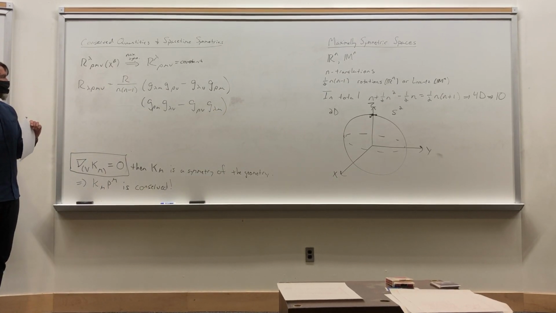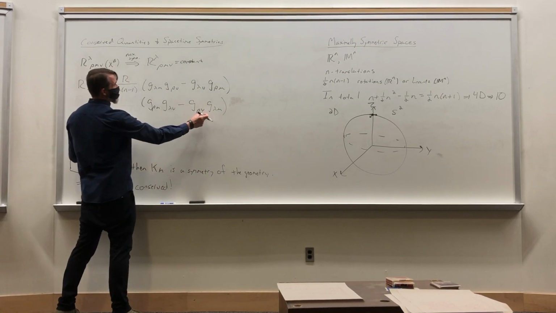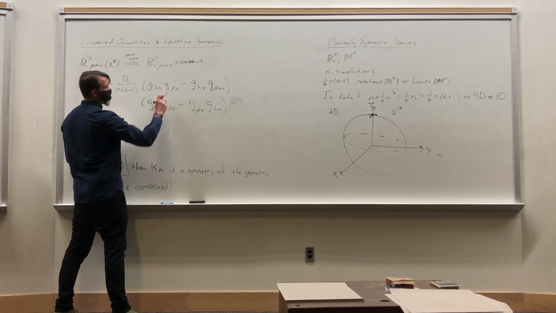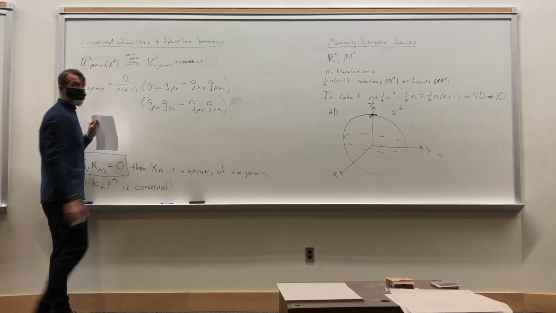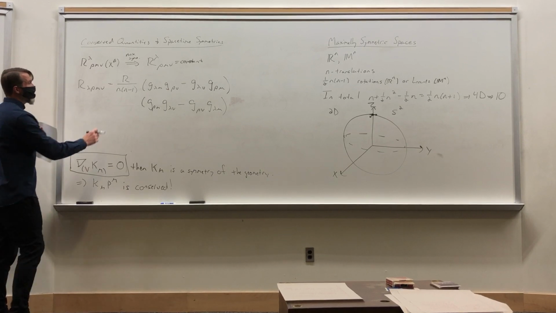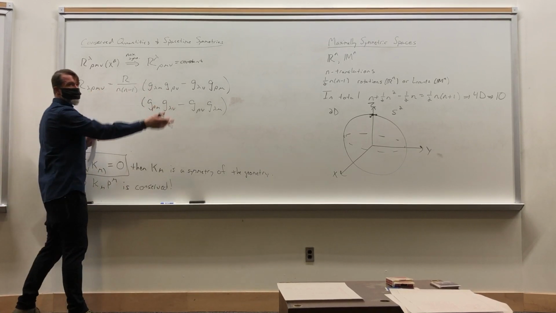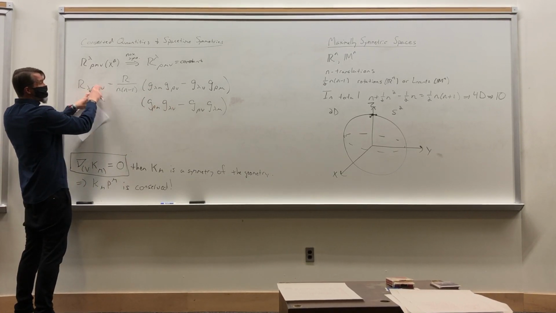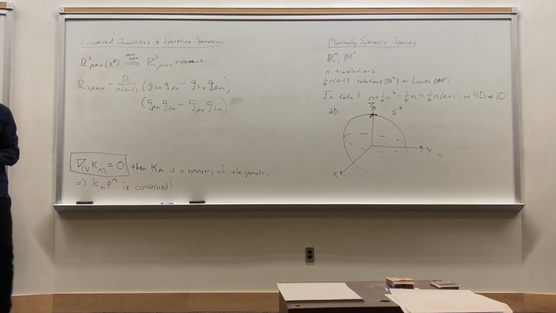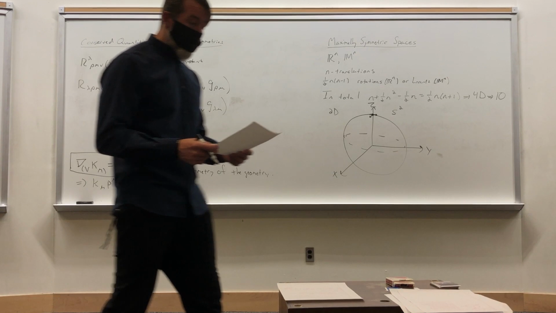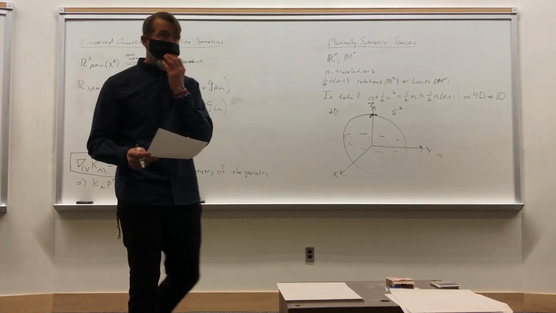Okay? But then I can just reverse the order of these, in which case this becomes this, and this becomes this, and it makes up a minus sign. Okay? If I exchange mu and nu, the same thing happens. If I take these two and I swap them, I get back the same thing. So you'll notice this shares all the wonderful symmetries of the Riemann curvature tensor. All right?